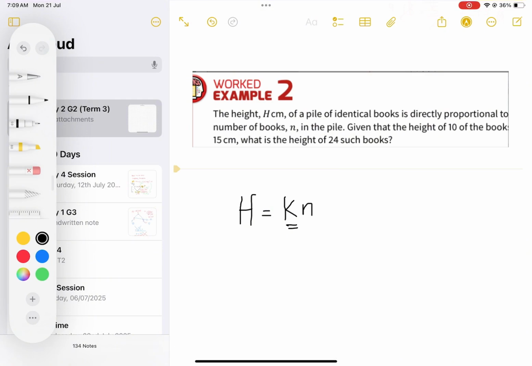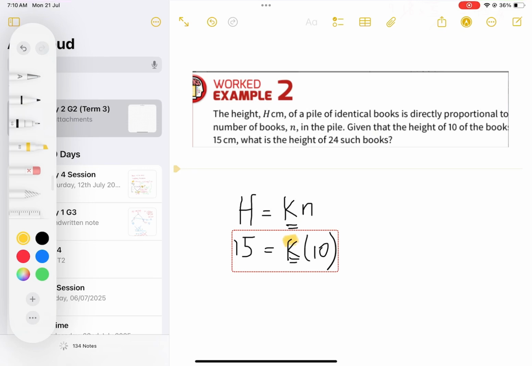With this equation that we have formed, do you notice that there are numbers that have been given? What we need to do is just to substitute. So 10 represents the number, so n. Height is 15, sorry. So what do you think we are trying to find here?